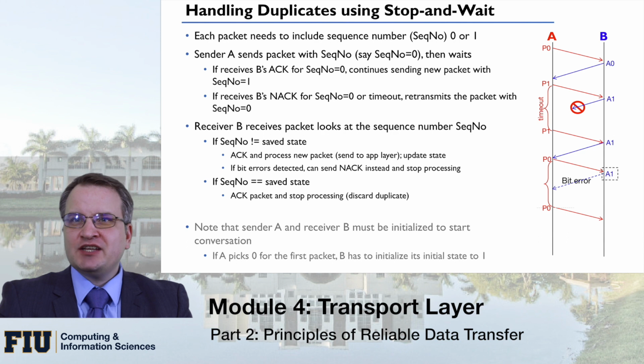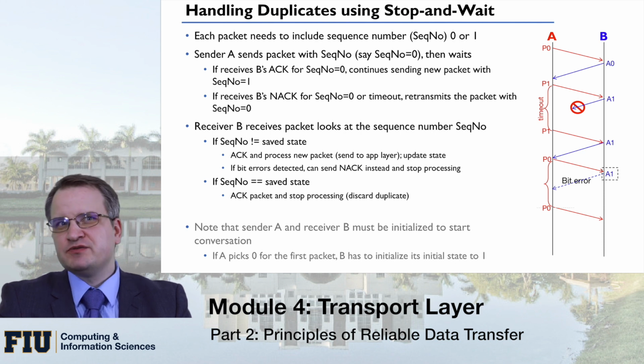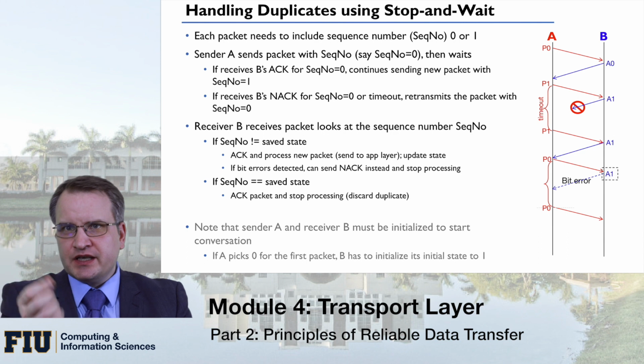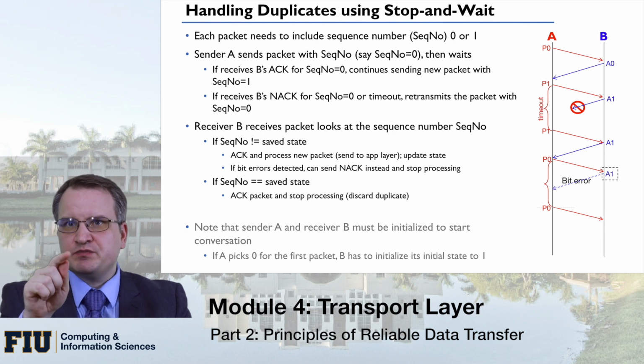One more optimization we can do right away is remove the NAKs in the first place, because we can replace the NAKs with some form of acknowledgement. So, for example, in the case of the last one, A sends P0, and host B somehow detects the bit error.